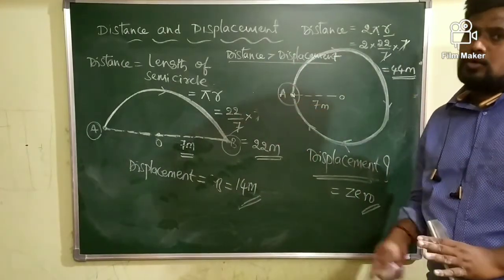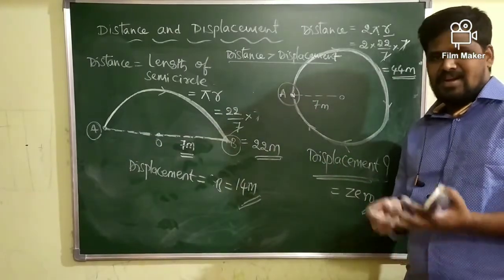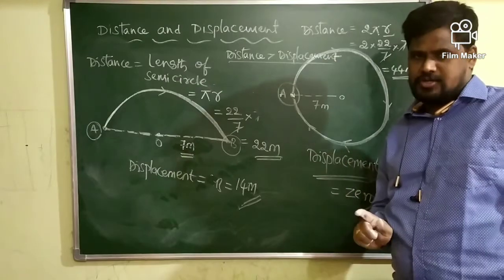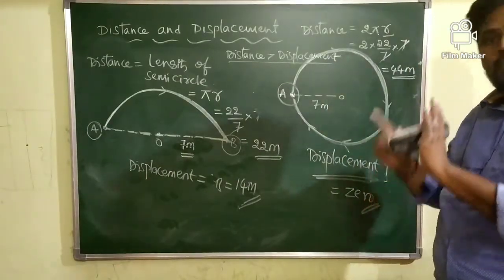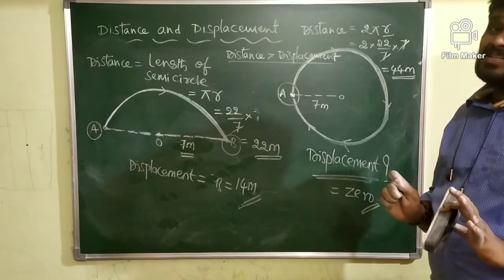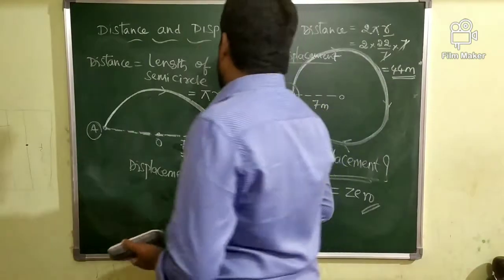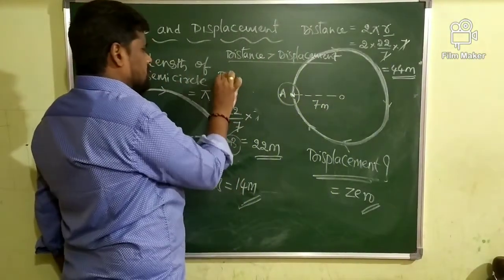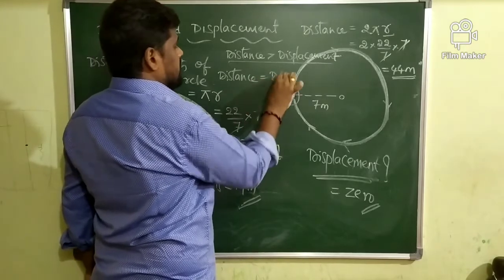It's impossible to have displacement greater than distance. We didn't come across any situation where displacement is more than distance. At maximum, distance may be equal to displacement.